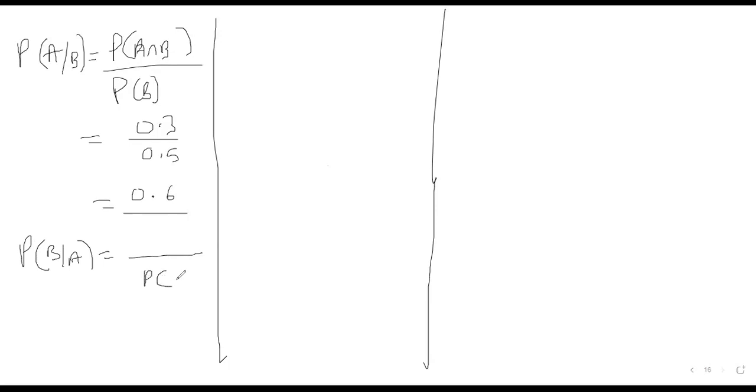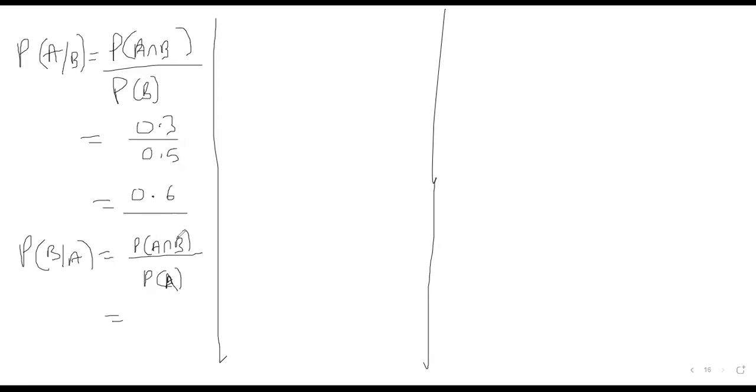What will go down? A. On top, so what are we going to have? B intersection A. Yes. They don't interchange. It's the same thing.